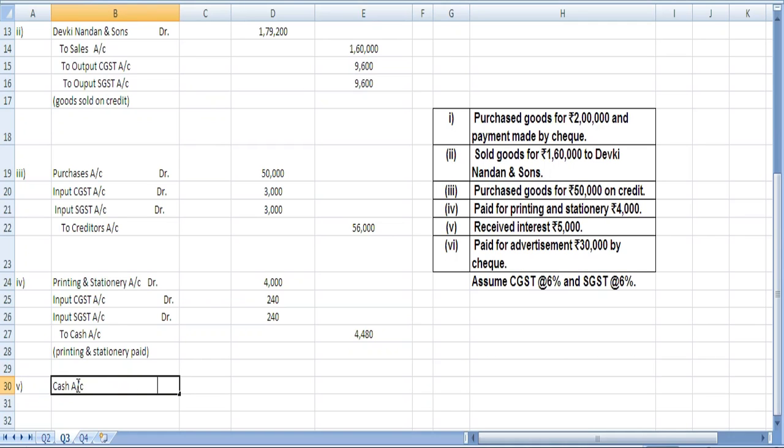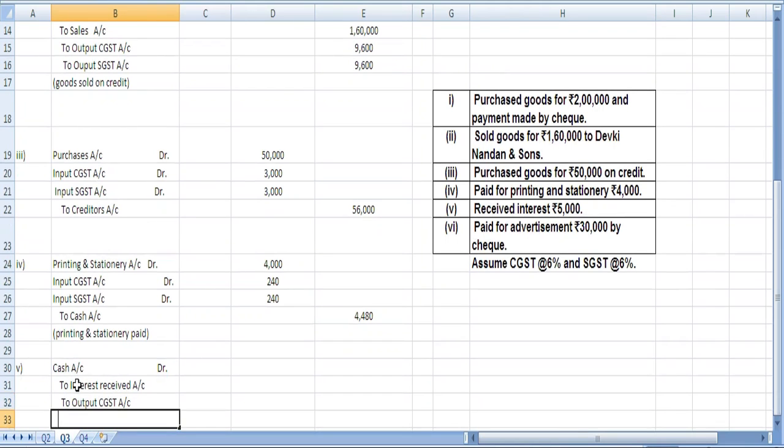So cash account debit to interest received account, to output CGST account, to output SGST account.